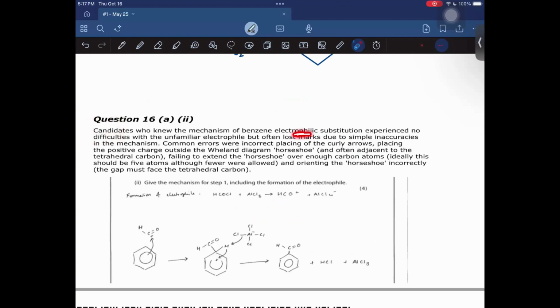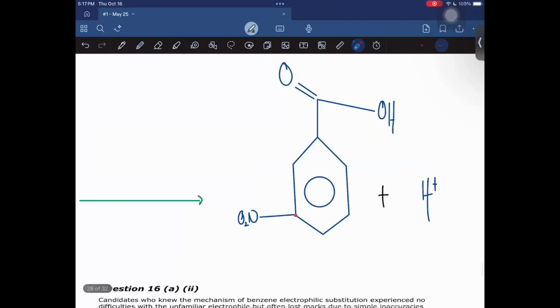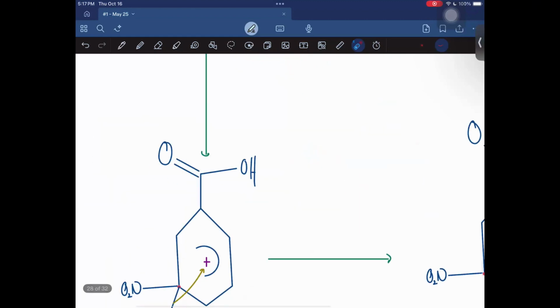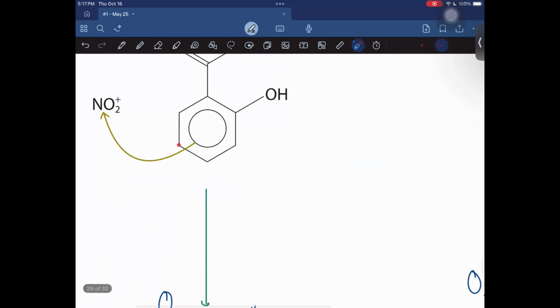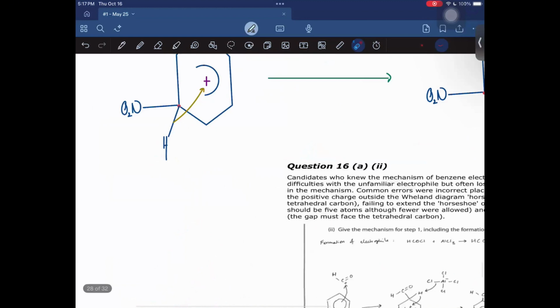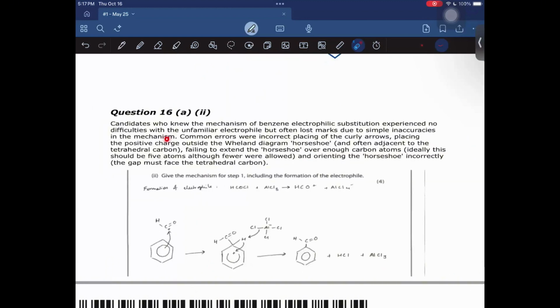So they basically didn't find any difficulties, but they lost a lot of silly marks due to simple inaccuracies, right? Common errors were incorrect placing of the curly arrows, this stuff or this stuff, and placing the positive charge outside the horseshoe diagram, right? As I said over here, they place their charge over here or something like this.